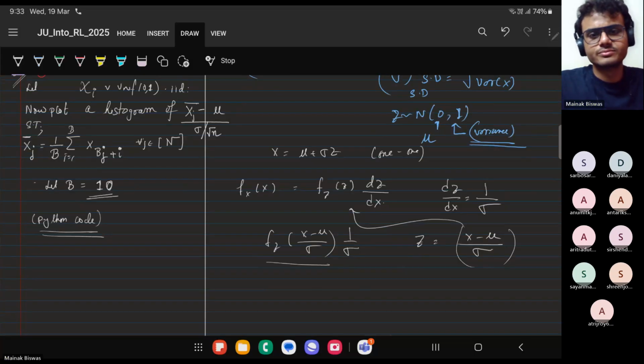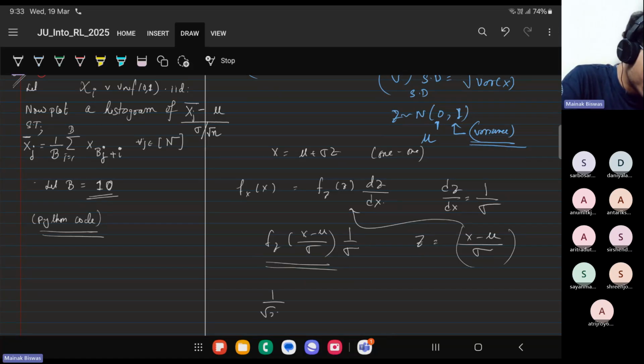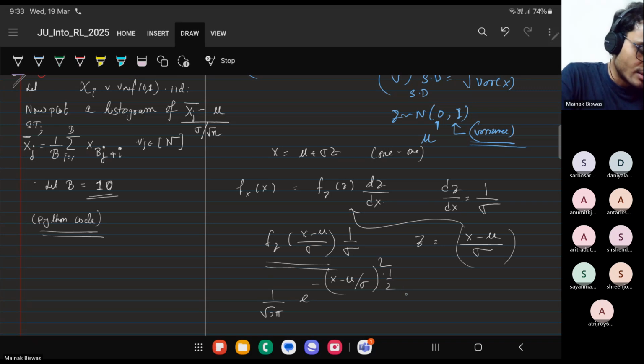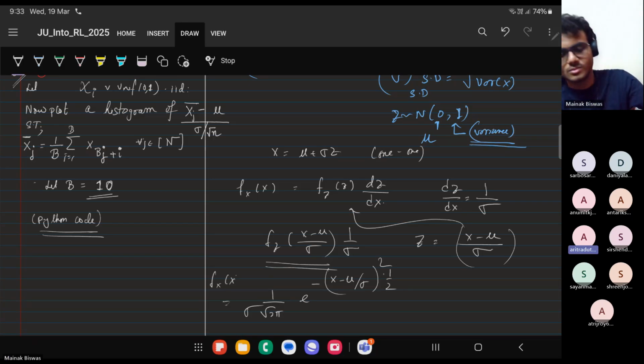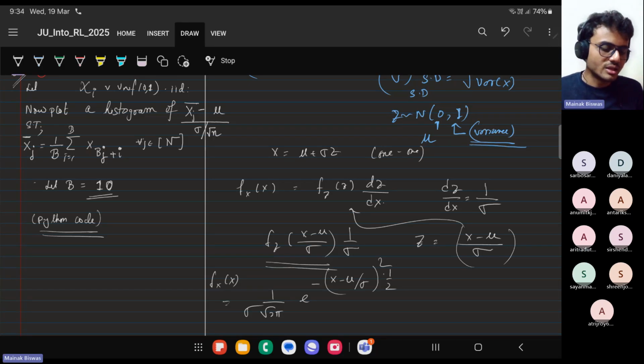Tell me. 1 by sigma root 2 pi e to the power minus half of (x minus mu by sigma) whole square. Yes or no? Fine. So this is also the same formula, the same idea as the general normal distribution.